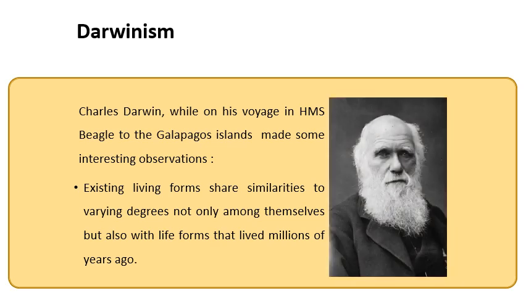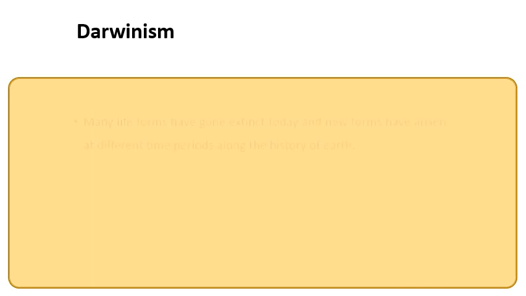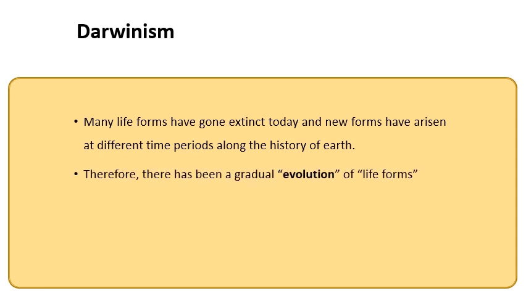Now let us study about the principles of Darwinism. As you know, there are 5 important postulates or principles of Darwin. First is overproduction.